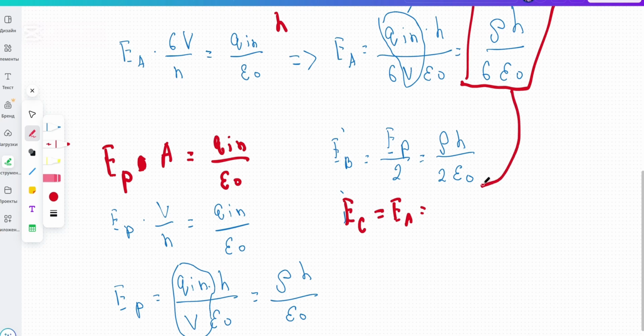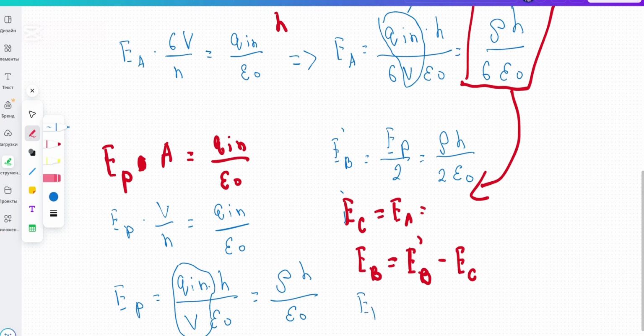So now we need to find the electric field at point B, that will be equal to the plate field B prime minus the cavity field.